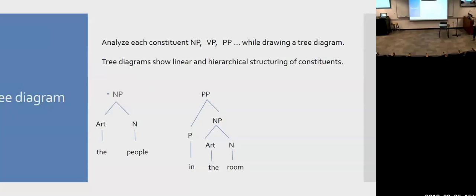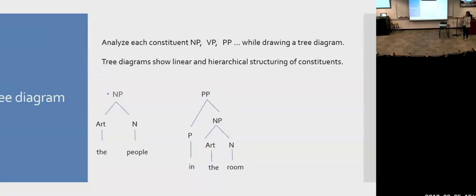For example, a sentence can be ambiguous. It might mean maybe 2 different meanings, right? If it has 2 different meanings, we want to draw 2 different tree diagrams to illustrate the difference, right? Okay, for example, for this one here, no ambiguity at all.